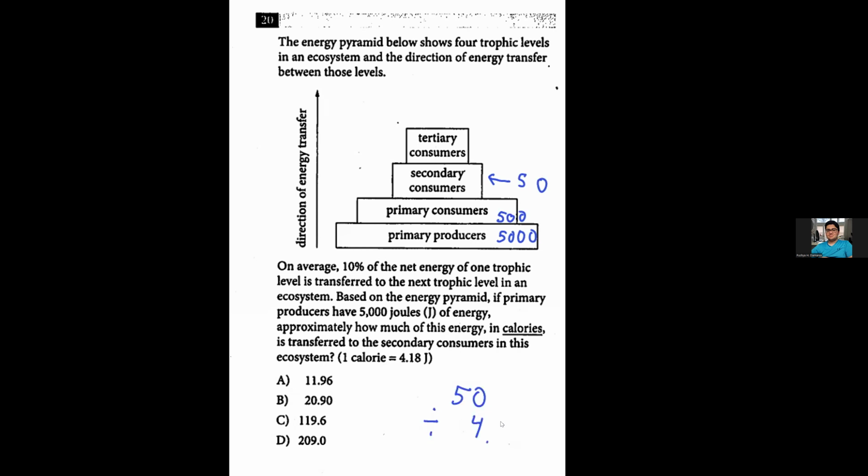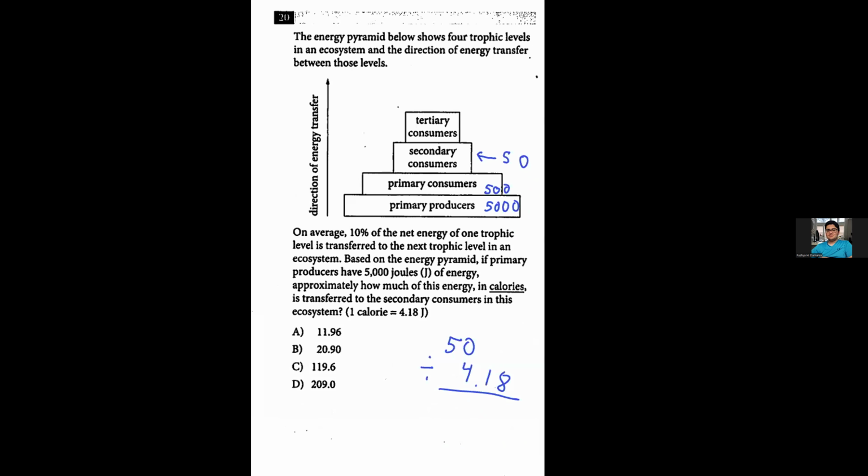You can just put this into your calculator, but 50 divided by 4.18 is equal to 11.9617. So the correct answer is answer choice A, 11.96.